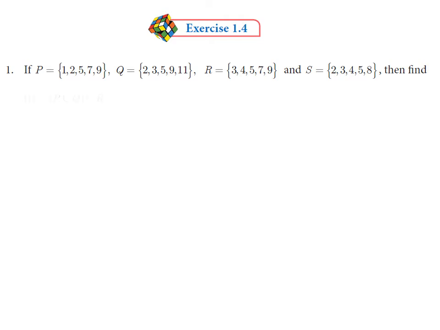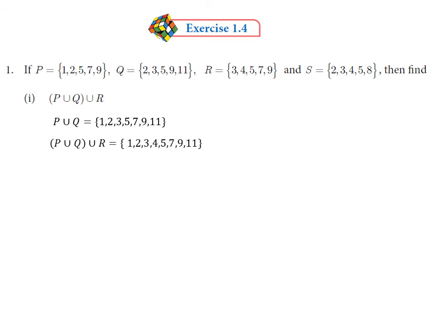In that we are going to find first, P union Q union R. For this we have to find P union Q first. That bracket we should find first. So P union Q will become {1, 2, 3, 5, 7, 9, 11}.